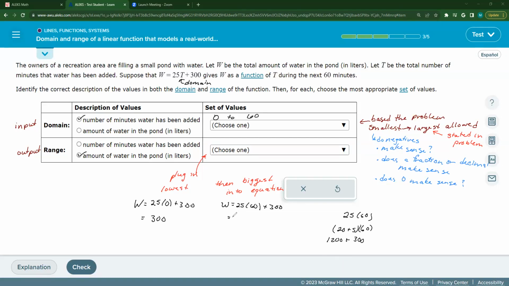So this is 1500 plus 300, 1800. And remember, there are going to be decimals because my problem at the top said so.